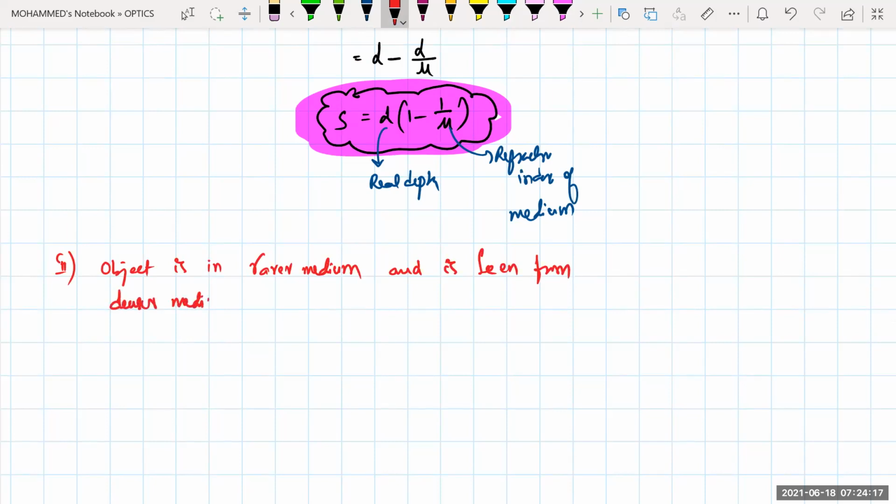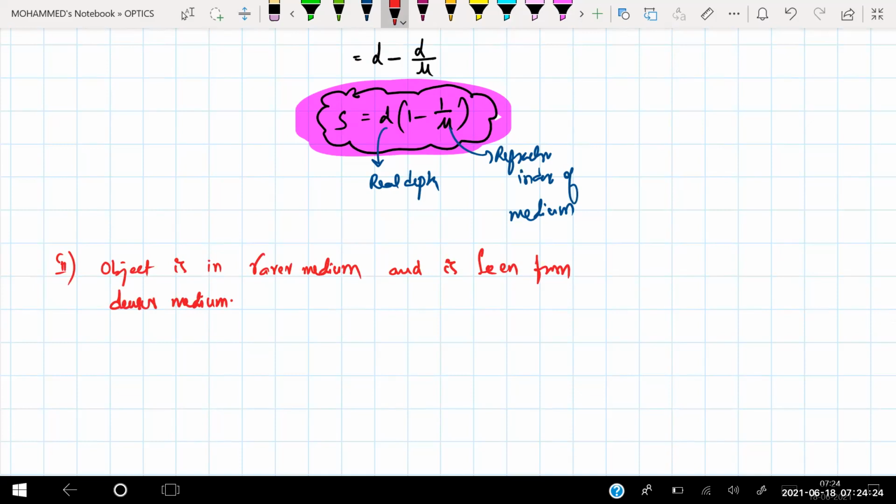Do you know swimming? From the water, if you see any object outside, it appears to be far. You try to check it out once.